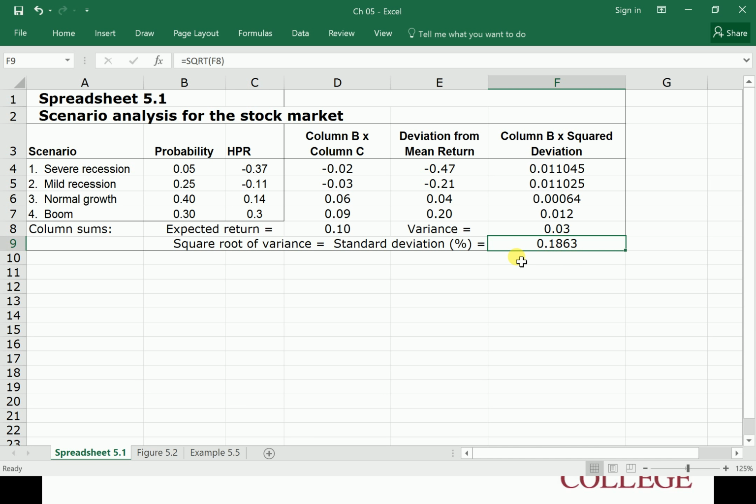If the standard deviation is lower than this one, then you're less risky. If the standard deviation is higher than this one, it's actually riskier than this scenario. So you can use this similar spreadsheet to get the expected return and the standard deviation of the scenario analysis. And for the exam, I will provide this template for the solution to solve these types of problems.